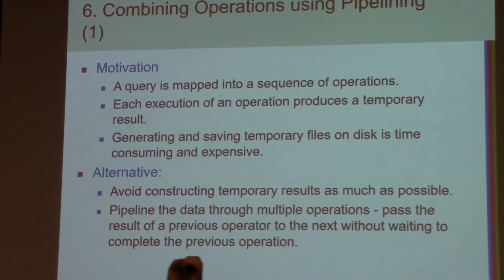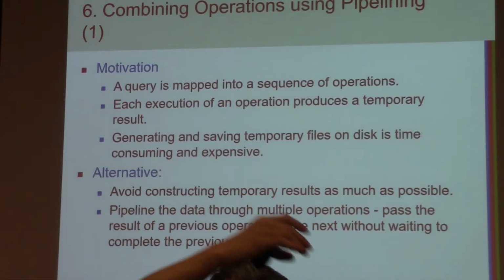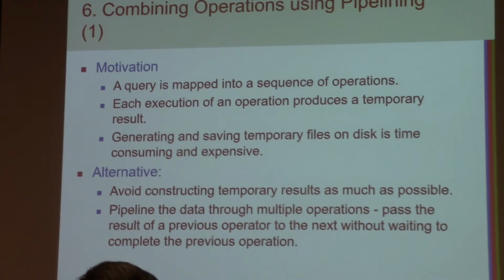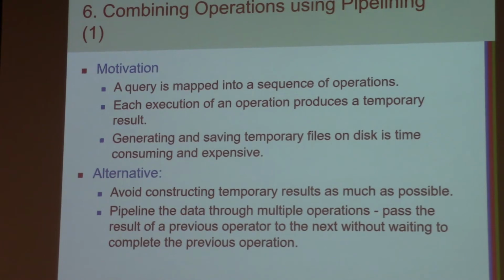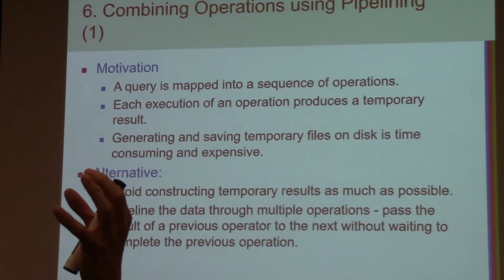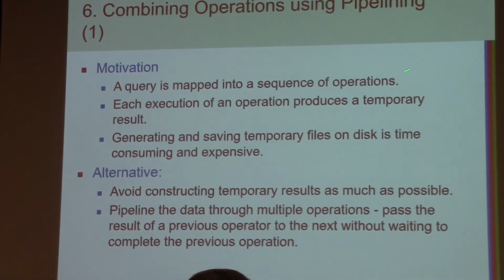In case of two commands, instead of running them separately, we would need to save the output of the first command, then feed it to the next command. So you need I/O, you need extra space, so it takes a longer time. Instead, we just communicate directly. Then the output of the first one will be the input of the next one. That is called the pipeline.